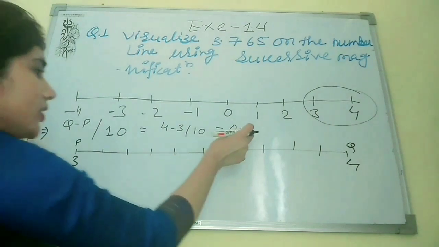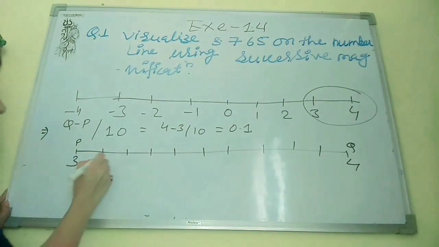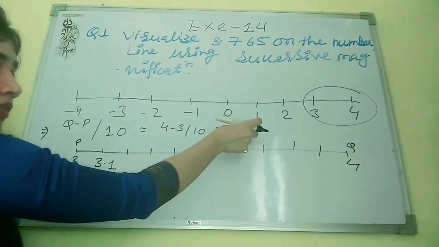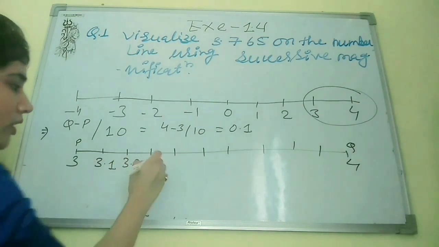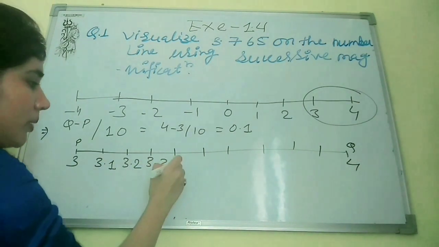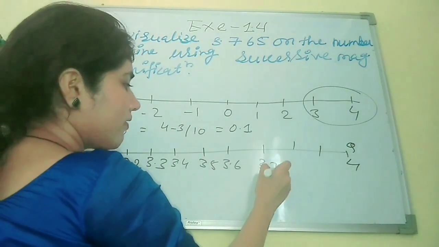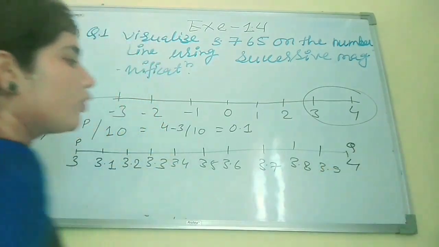Okay, and we just add this number to this 3. So the first measurement will be 3.1. When we add again to 3.1, the second one will be 3.2. Same as 3.3, 3.4, 3.5, 3.6, 3.7, 3.8, 3.9 and then 4.